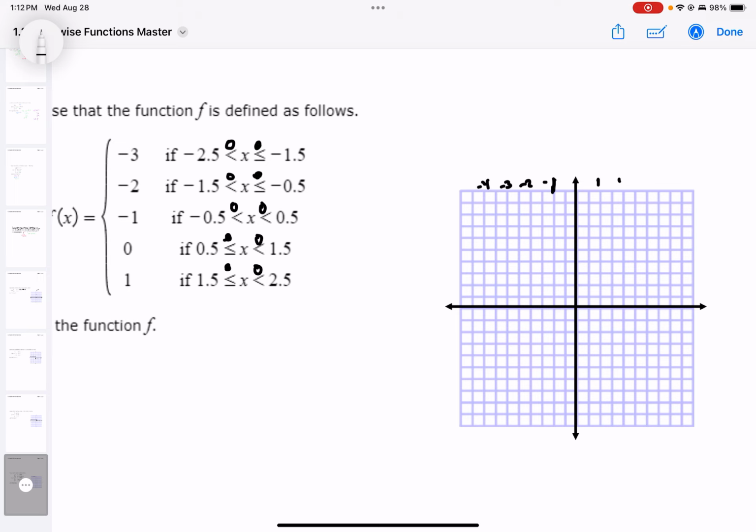So we got 1, 2, 3, 4, and that's as far as we need to go. So from negative 2.5, I'm going to have an open circle, and it's going to be at negative 3. So 1. So let's give me an open circle on that side.